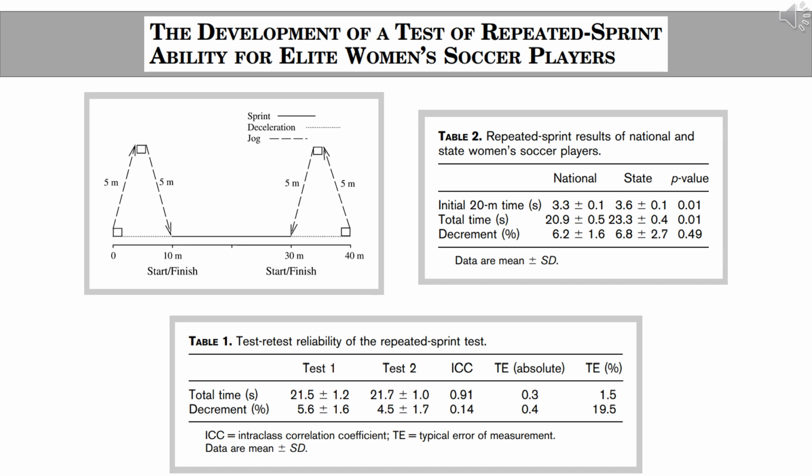So if we start looking at this particular test, you'll notice from the key, the solid line indicates sprinting. The very small dotted line indicates a deceleration zone. And then the bigger dashed line would indicate a jog.